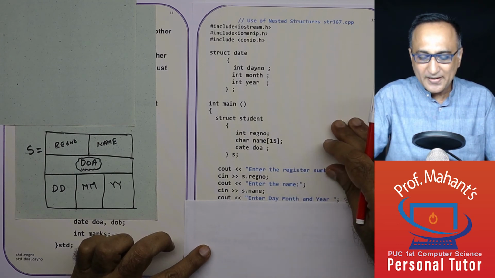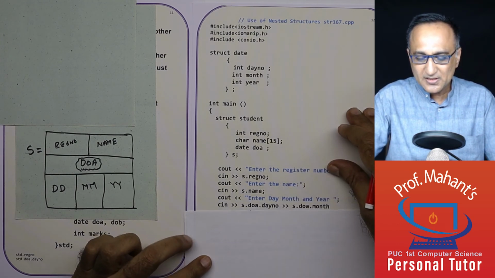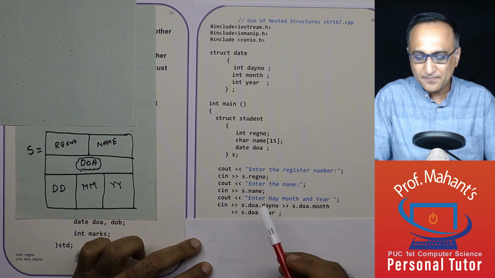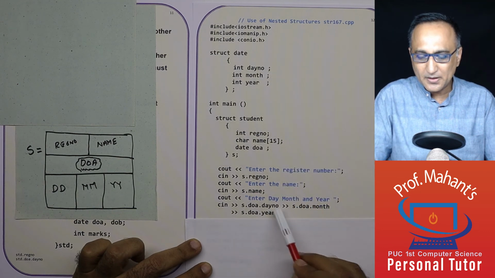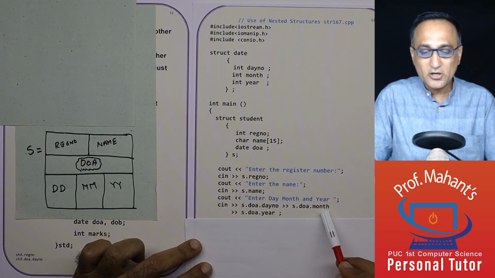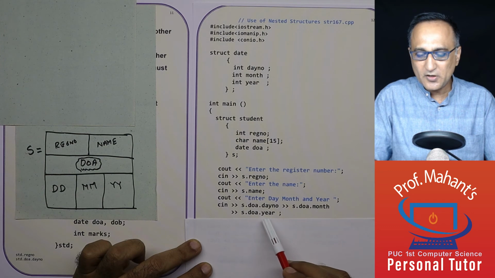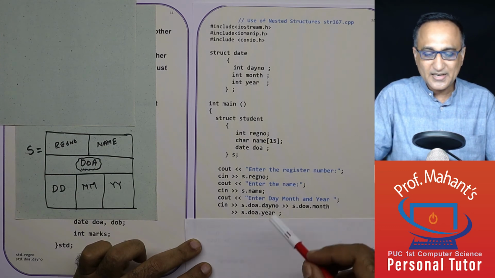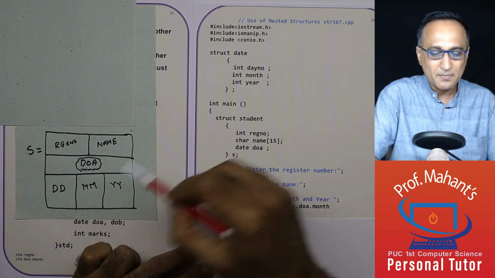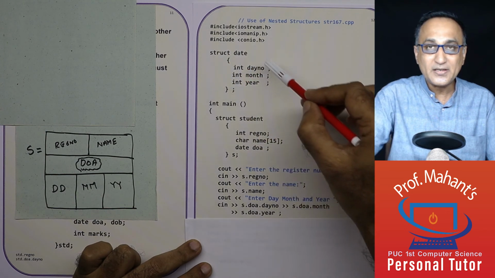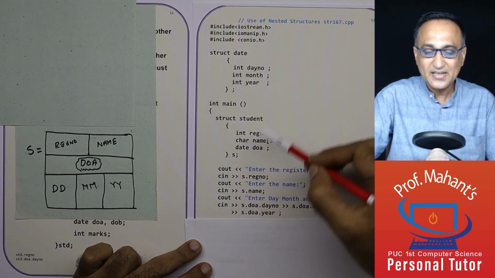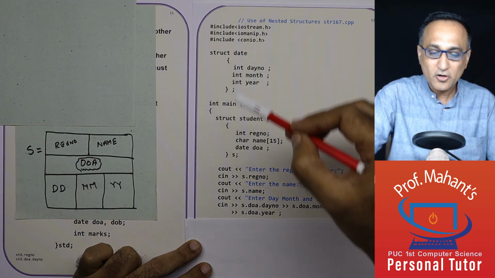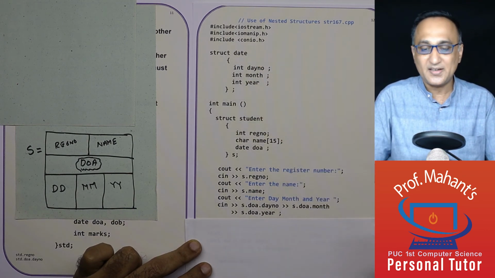So if I have to enter the day, month and year of admission, this is how I will have to refer to them: yes.doa.day number, yes.doa.month, yes.doa.year, because that is how you refer to members of this embedded or inner structure. They don't belong to yes directly, they belong to the structure date.